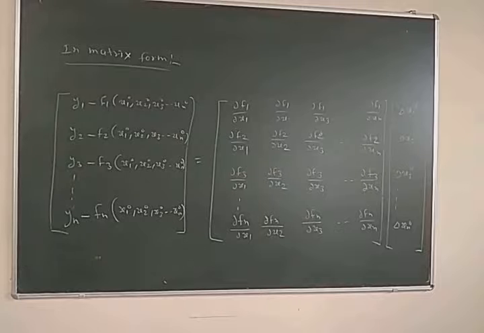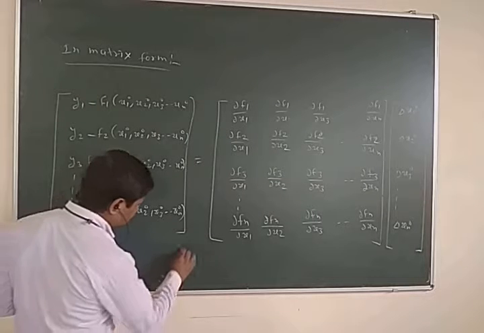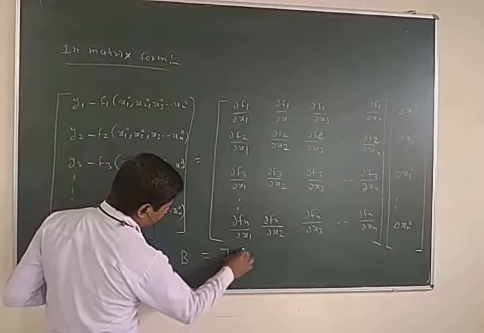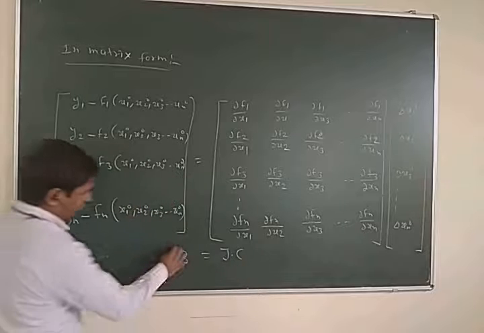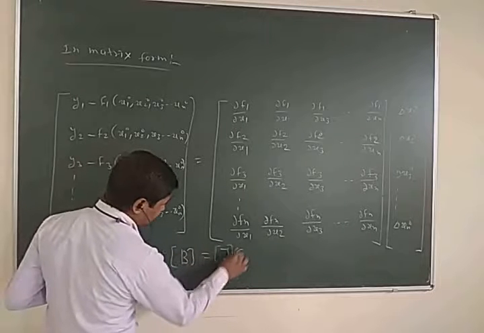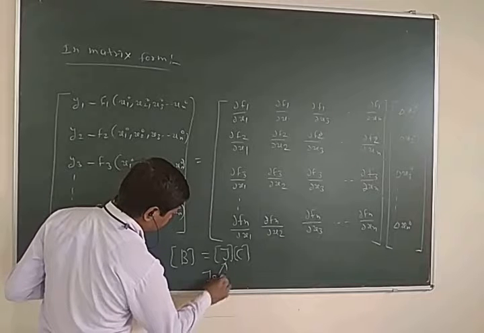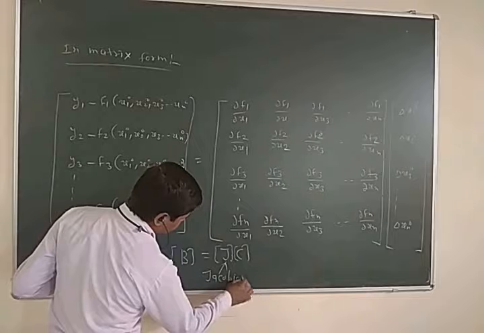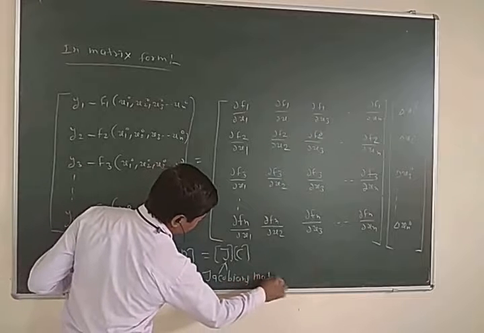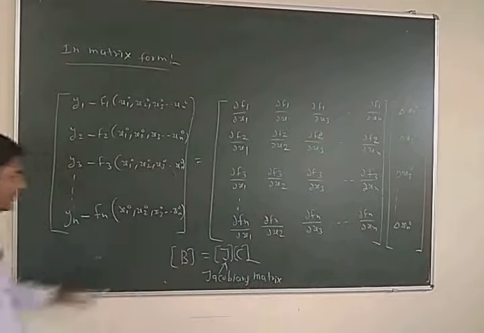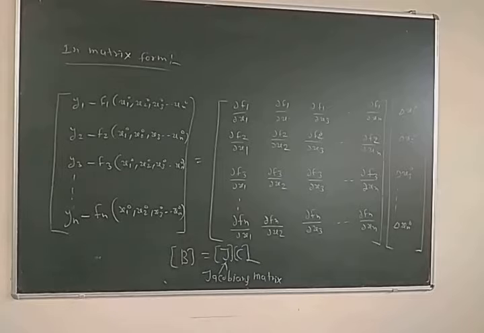Now this matrix is in the form B is equal to J dot C, where J is the Jacobian matrix, C matrix is the unknown variables, and matrix B is functions and specified variables. So this is the Newton-Raphson method for the solution of unknown variables.